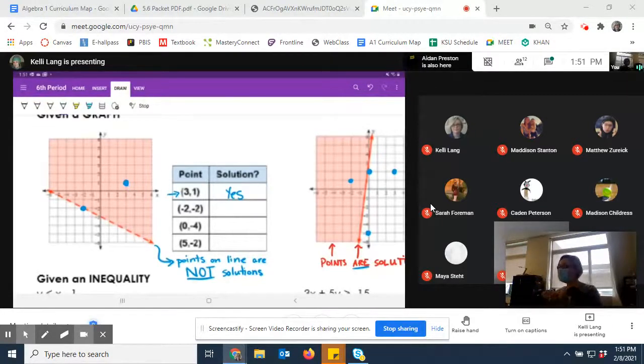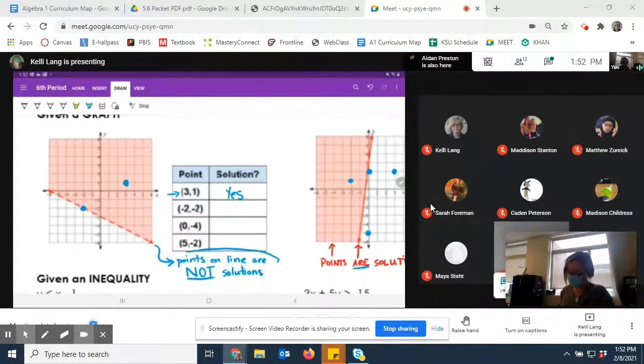I like that. So virtual students, why don't you type in the chat whether you think this -2, -2 is a solution or not. Just type yes or no. Yes for solution, no for not. We've got some mixed reviews. So the point is on the boundary line. It's right there on the boundary line.